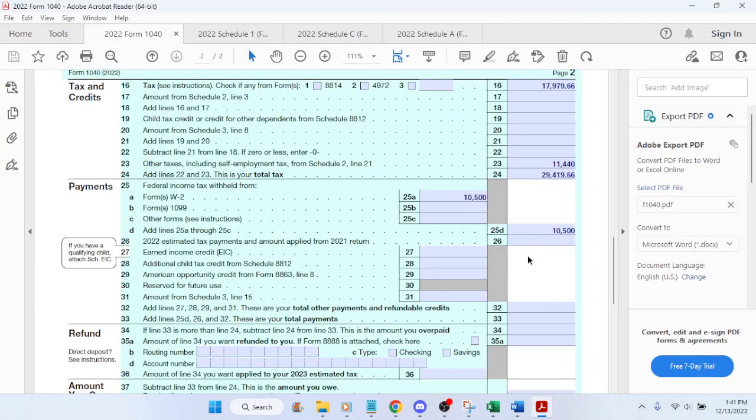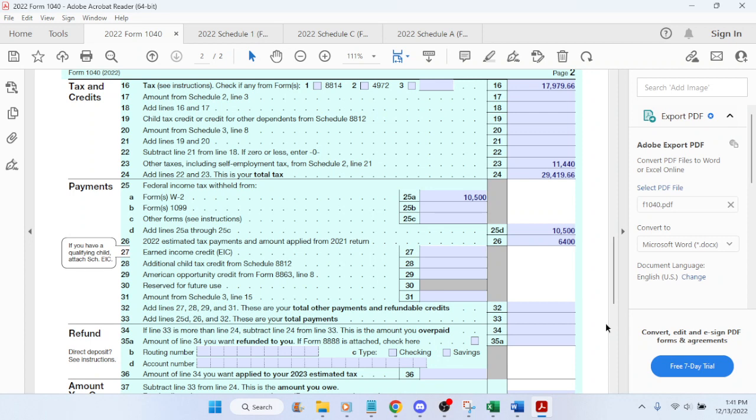So we've calculated our tax prepayments of $6,400. So I'm assuming there's no other credits that we're going to have. No credits. Add line 25, 26, and 32.